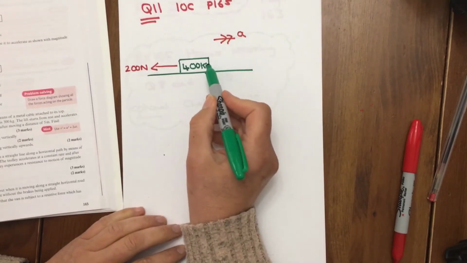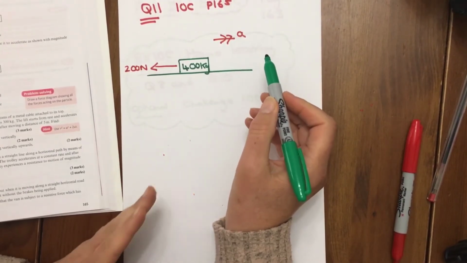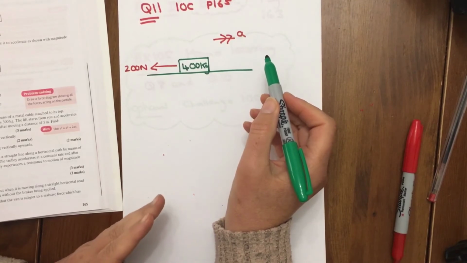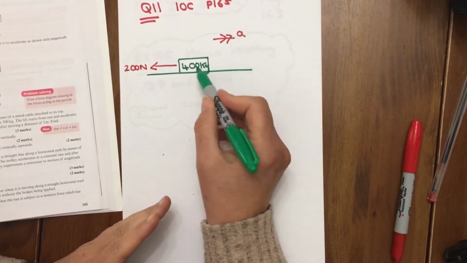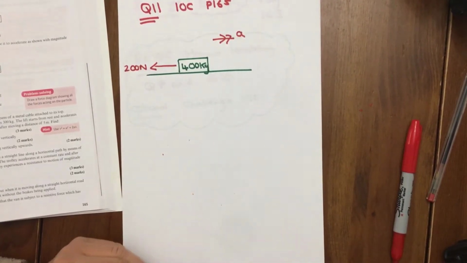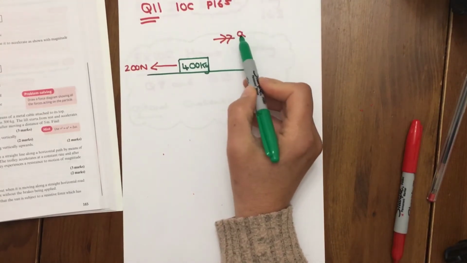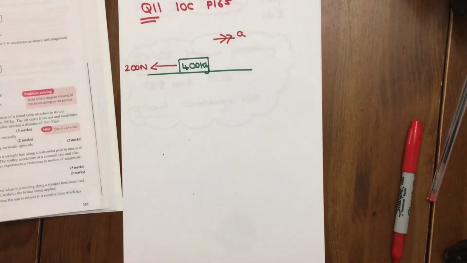So I've got no force going this way because the engine has switched off its brakes. If it hadn't switched off the brakes, there'd be a driving force. Now, it's going to eventually stop, so my acceleration will turn out to be negative and it will then stop.